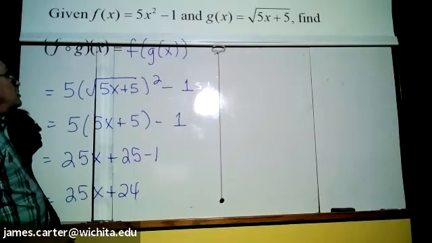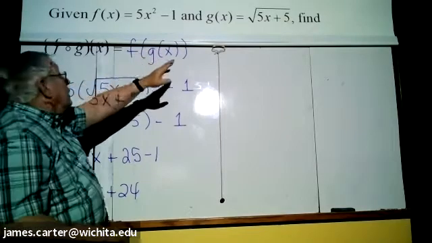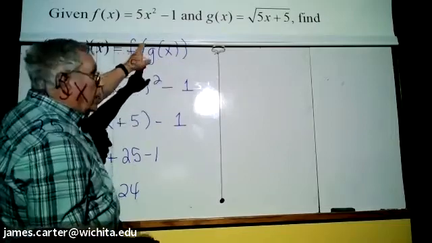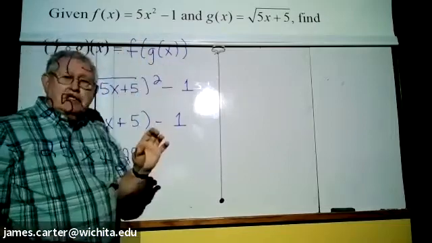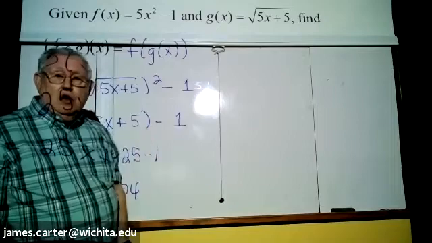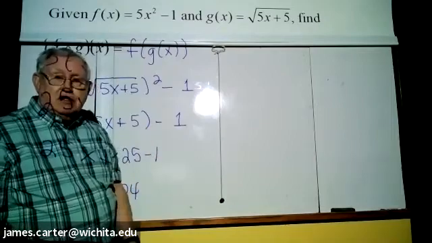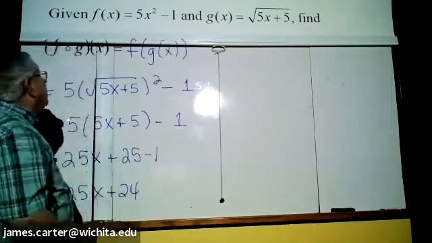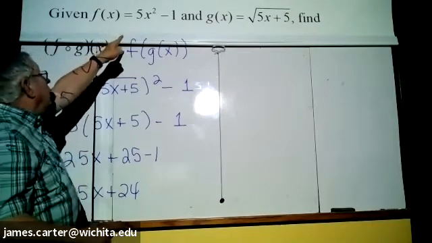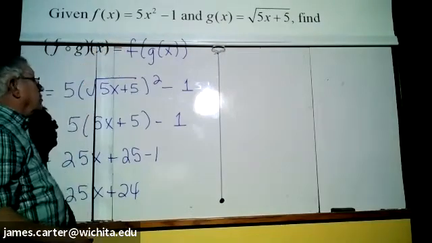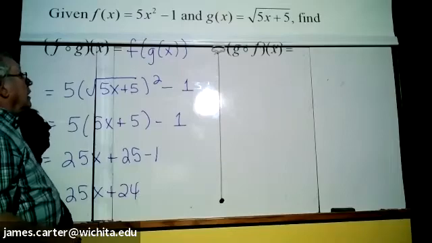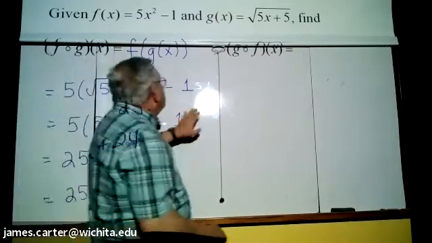Okay, when we substituted a radical, a square root, into a square, it knocked this thing down to a 1st-degree equation instead of a 2nd-degree equation. Now we're going to do just the opposite.